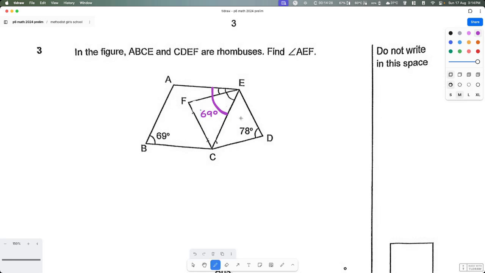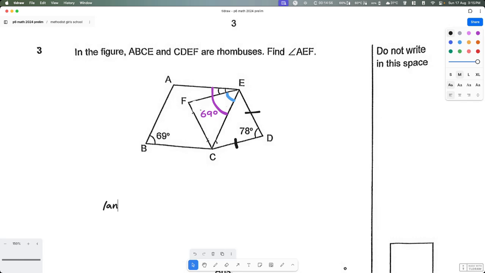And then we also need to get this angle. Let me choose another color, maybe light blue. We need to get this angle. Since this is a rhombus, we can get FEC.